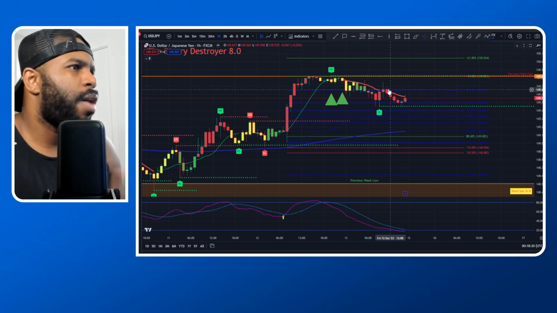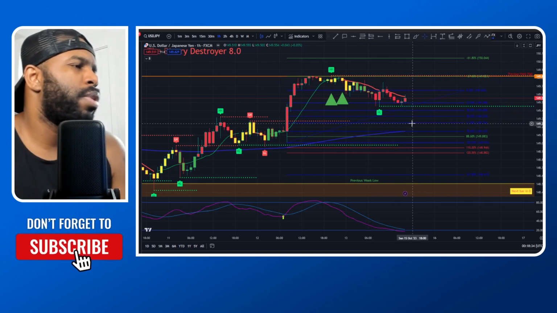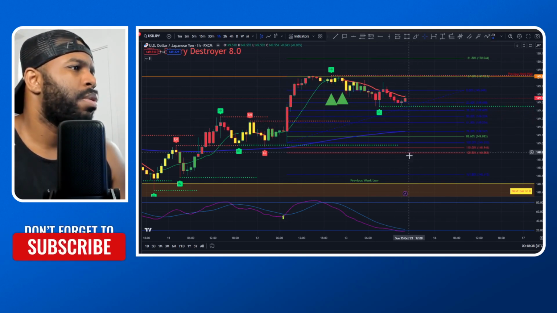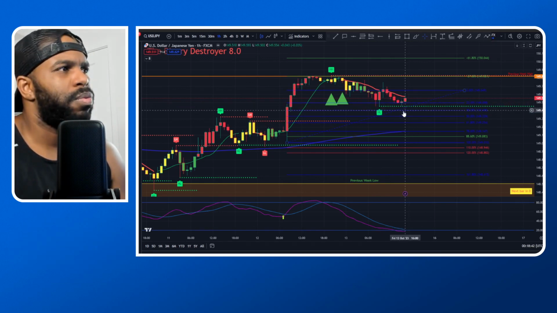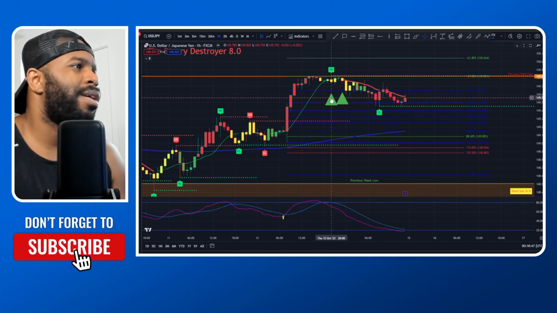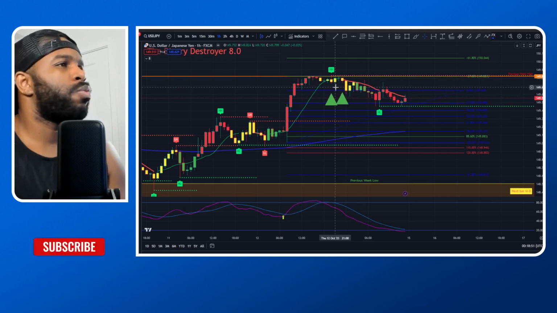Yeah. So I feel like price can come back down to the 61.8 here, like in this level, and then the MACD can cross, and then I feel like this is gonna be a good setup for a buy because we're already getting buy signals from the indicator that I'm using. But we'll just wait for the market.